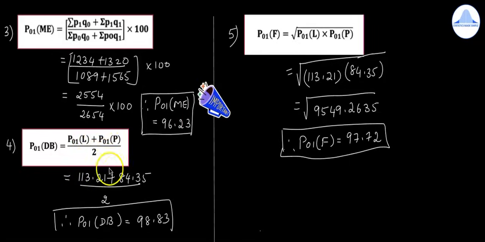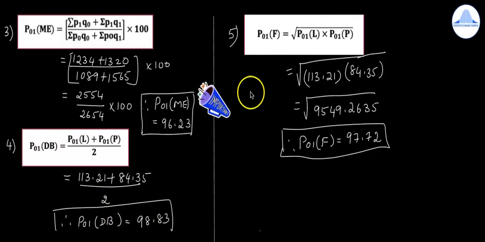So this will be useful in the 1 and 2 mark questions as well. So this is equal to root of 113.21 into 84.35, which is root of 9549.2635. And you get P01 of F is equal to 97.32.